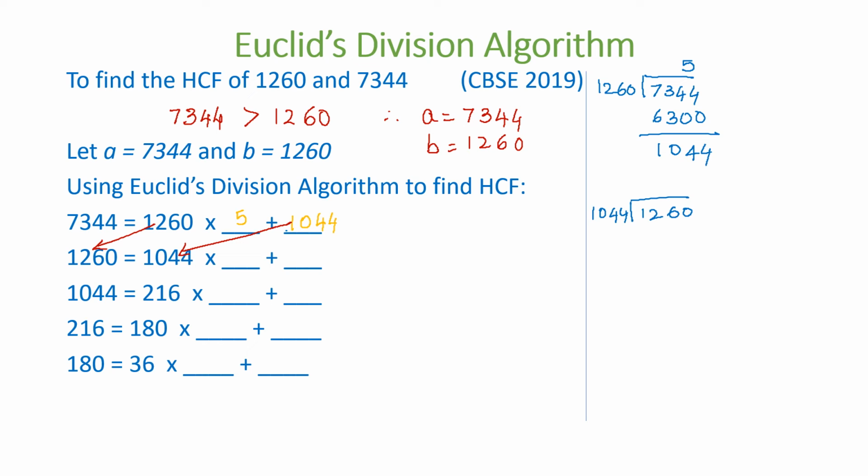It goes only one time, so 1044, and my remainder comes out to 216. So here it is going to be 1044 into 1 plus 216.